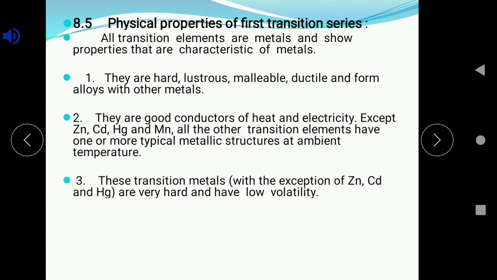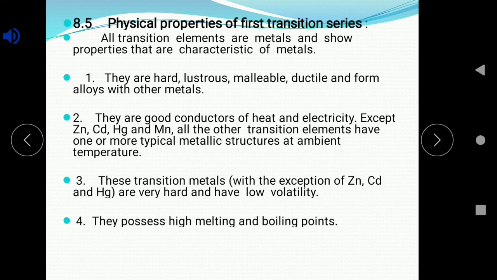Mercury, we know, at room temperature is in liquid state, but its volatility is very low. These are soft metals, we can say. All these metals, because of hardness, have high melting and boiling points. So these are the physical properties of first transition series elements. They are typical metals, displaying all metallic properties.